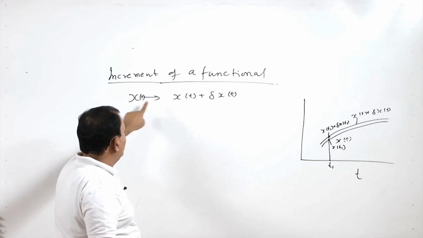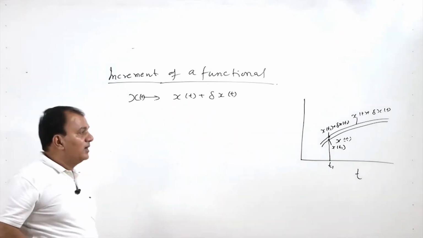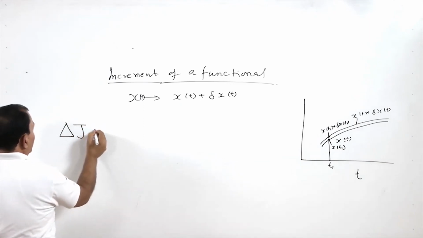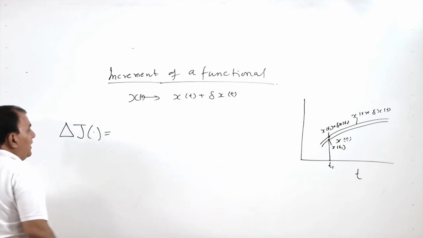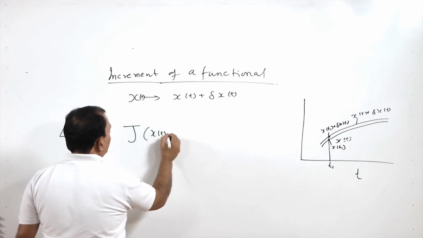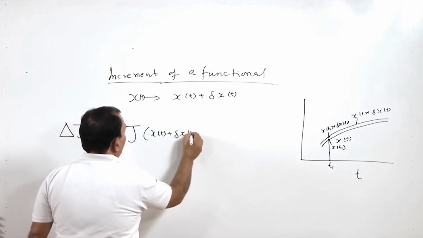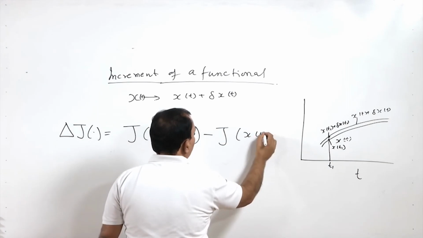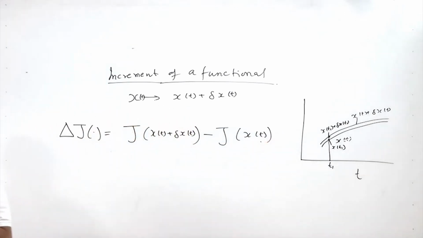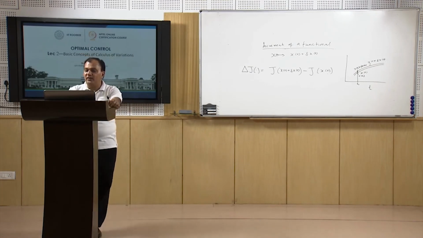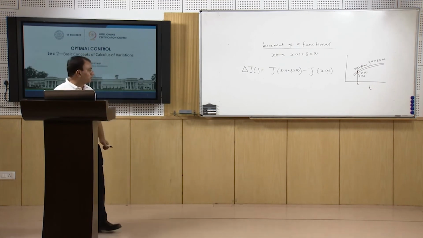If x changes by an amount x plus delta x, then the increment in functional J is defined as the value of J at x(t) plus delta x(t) minus J of x(t).